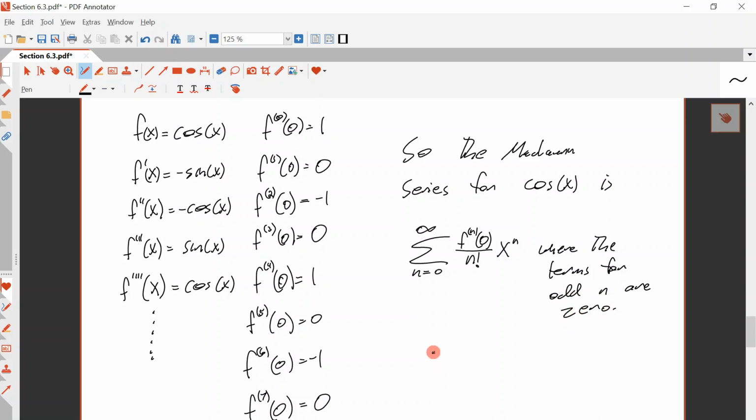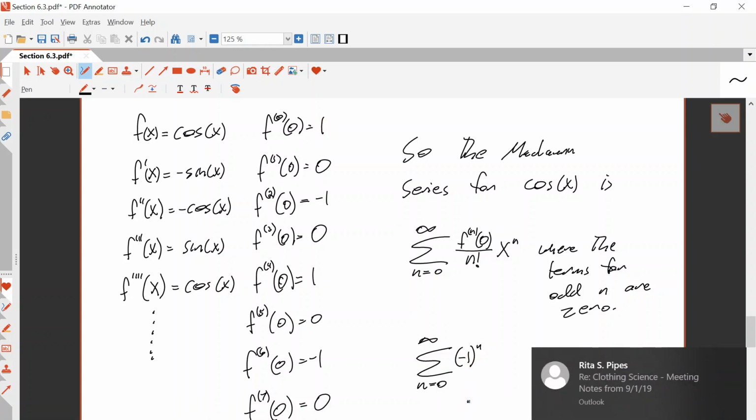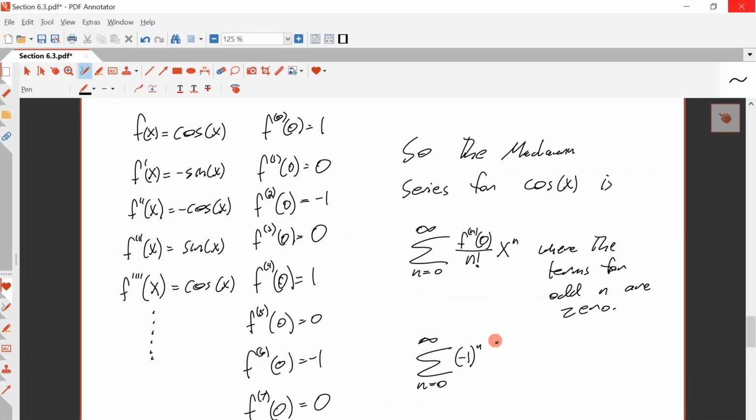So it's just the even ones, right? Just the even ones. So sum n equals 0 to infinity, starting with plus 1, minus 1 to the n over 2n factorial. Don't forget that factorial, right? So we're going just in the even order terms.